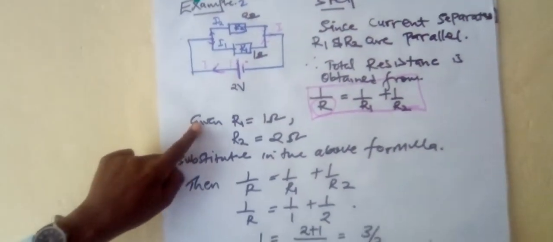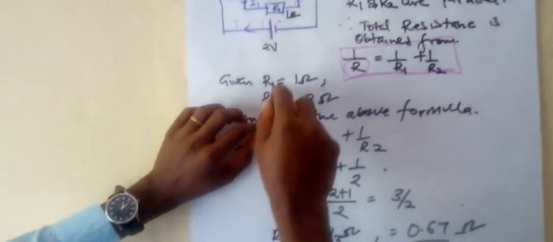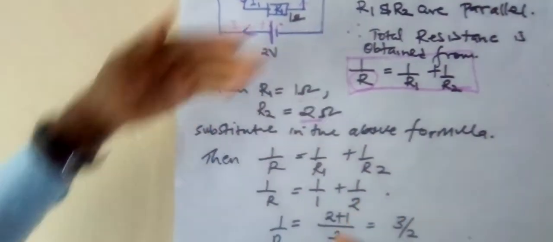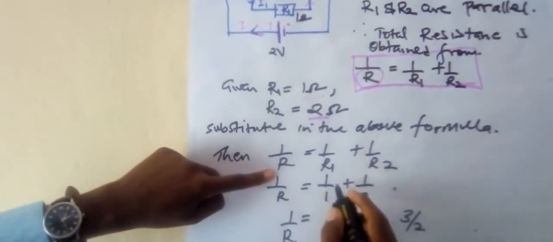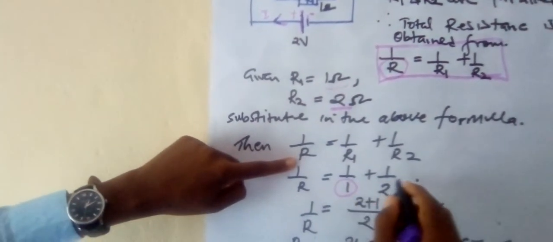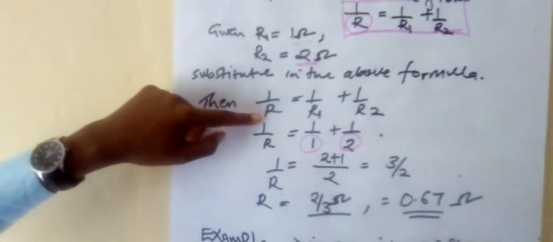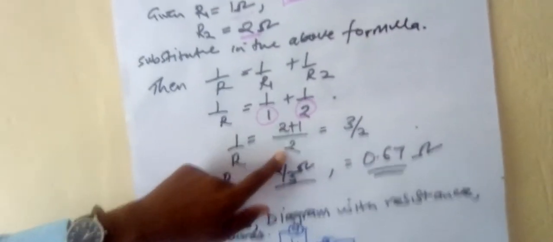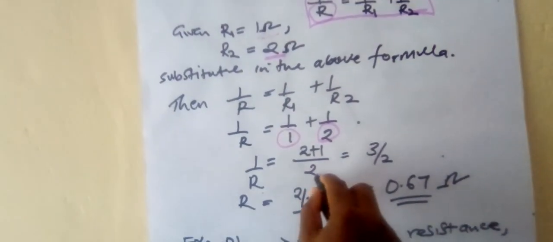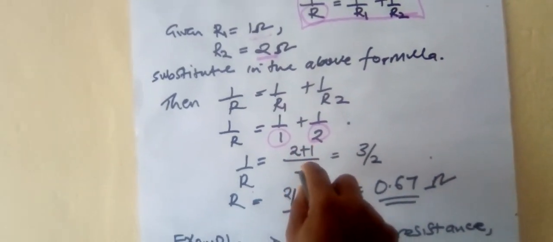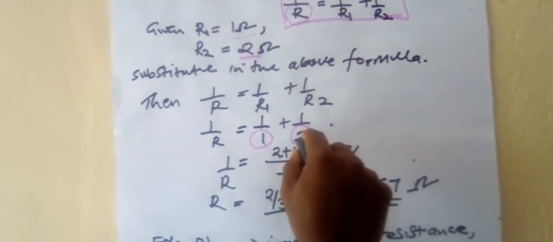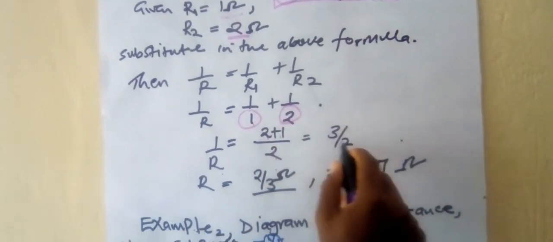Now, if we are given R1 to be 1 ohm and R2 to be 2 ohms, when we substitute in the formula above, 1 over R equals 1 over 1 plus 1 over 2. Then when we solve, get the LCM: 2 divided by 1, you get 2, then 2 divided by 2, you get 1, and then we shall have 3 over 2.